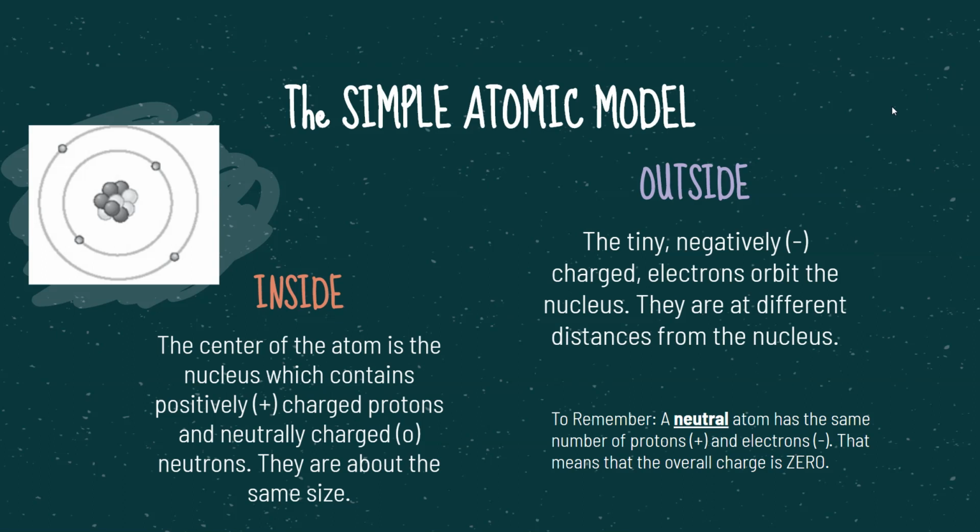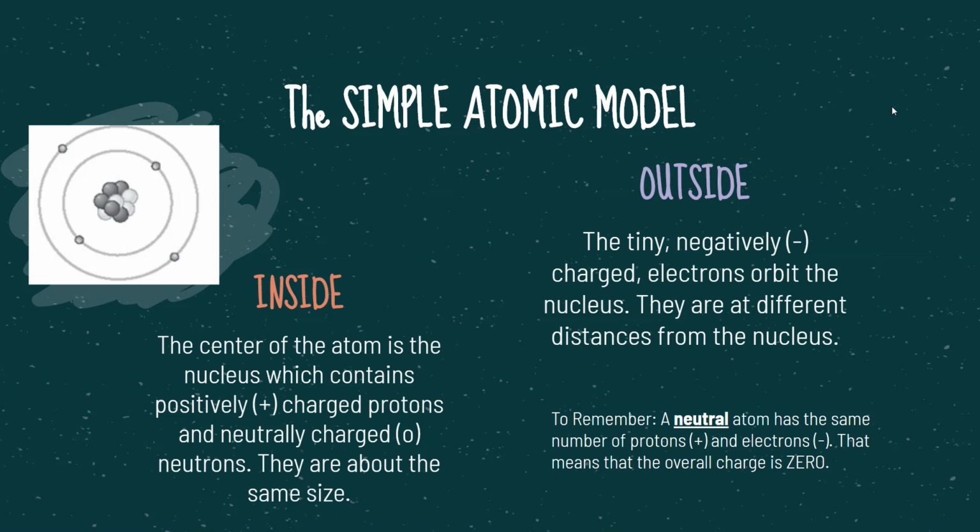Okay, you will see electrons, and we have those rotating on different orbits outside of the model. Okay, and those electrons, again, those are negatively charged. So something to remember is that a neutral atom has the same number of protons or positive charges and electrons, which are negative charges. So my overall number of positives and negatives equal out to be 0, okay?